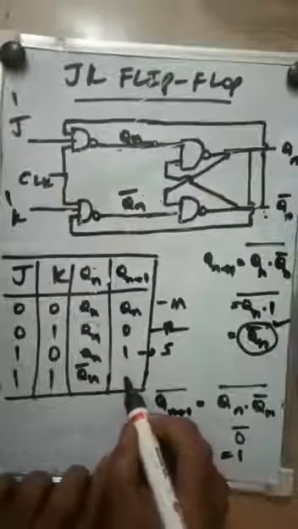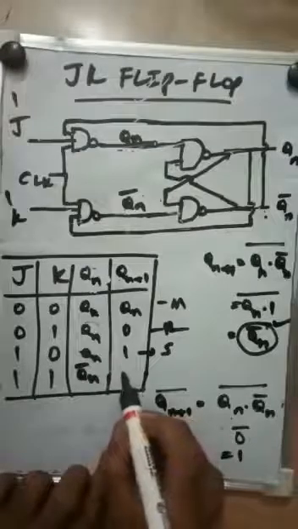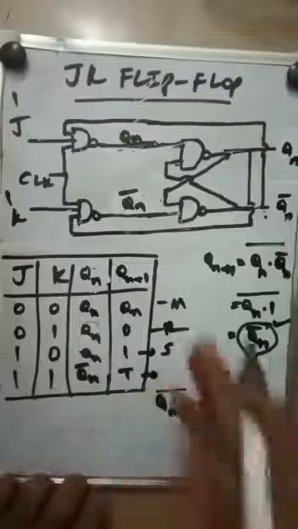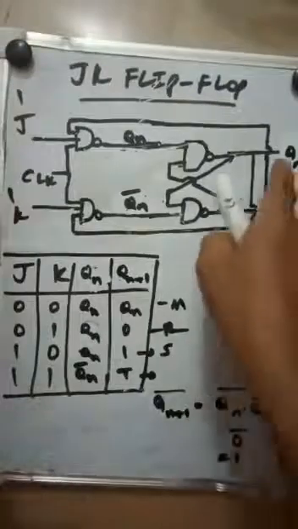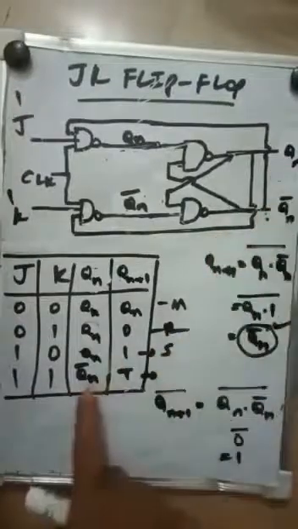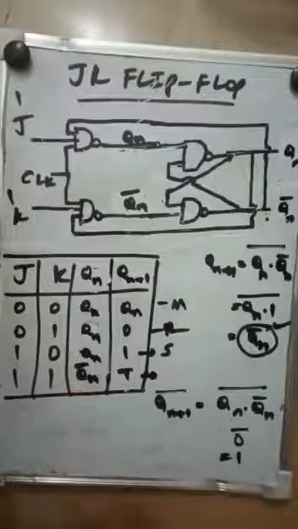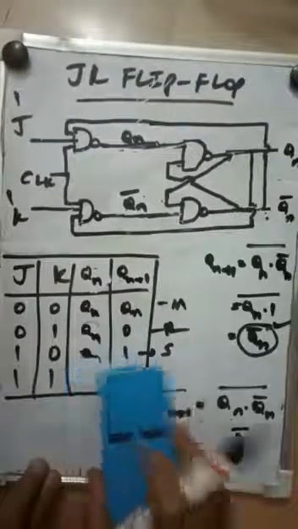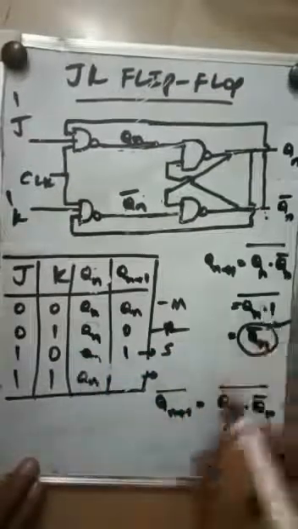This is the complement of that. That means this is what is called the toggling mode. Toggling mode is the inverse of that. If the present state is Qn, then what is the next state?